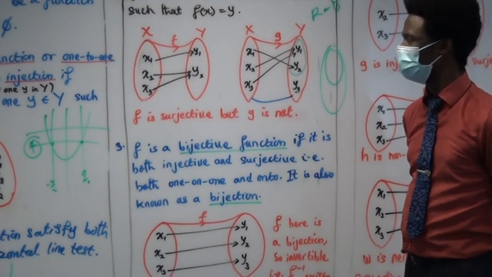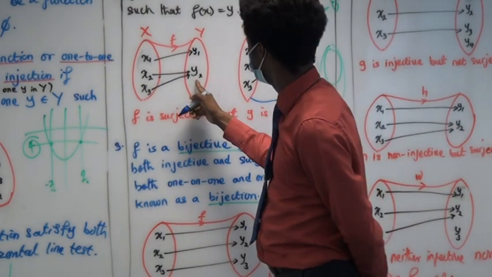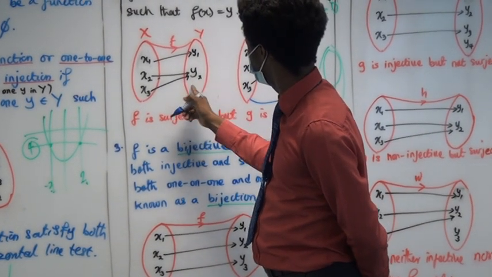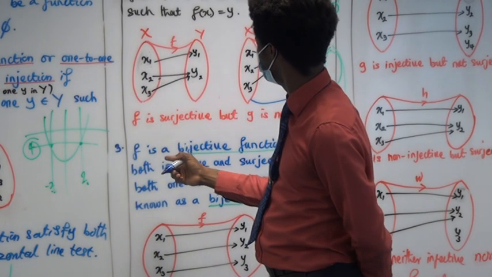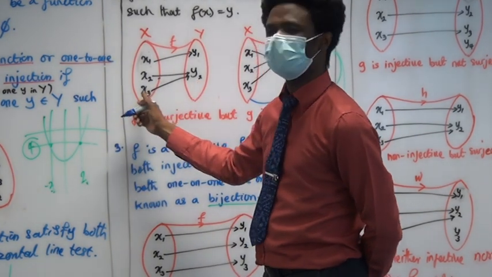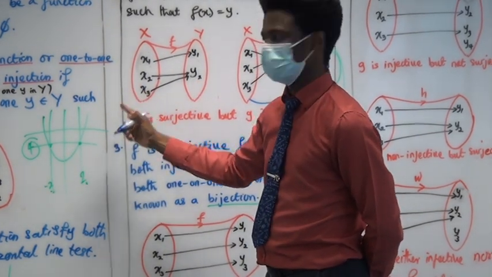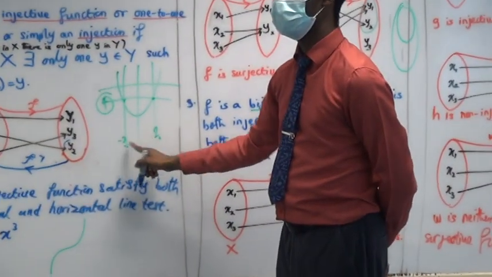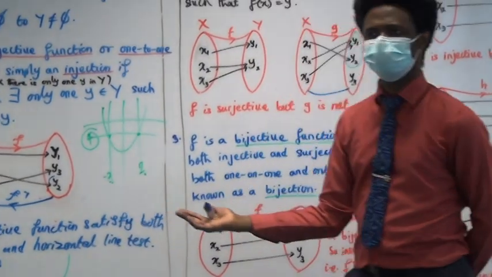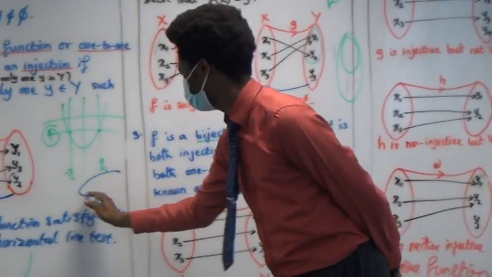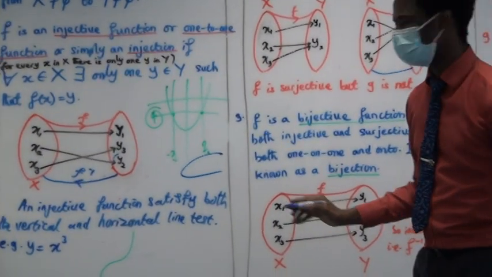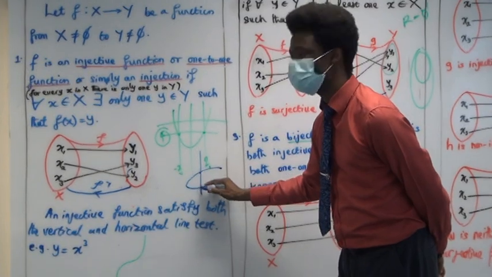Am I making sense? If you also look at this, oh, you go like that. What's going on? Y is taken back to two things. This one failed the test already. Oh, it's been taken back to two things.